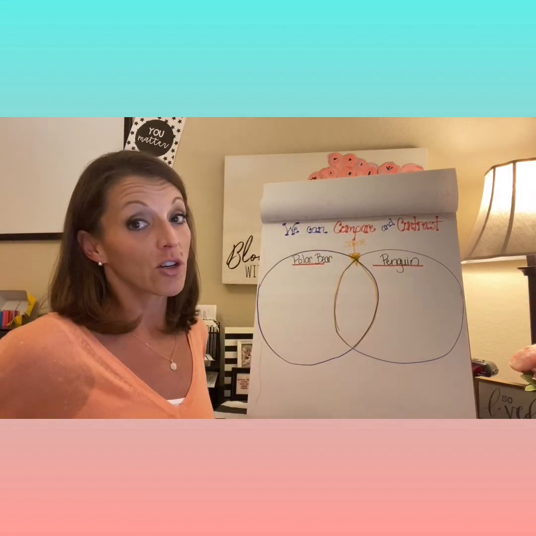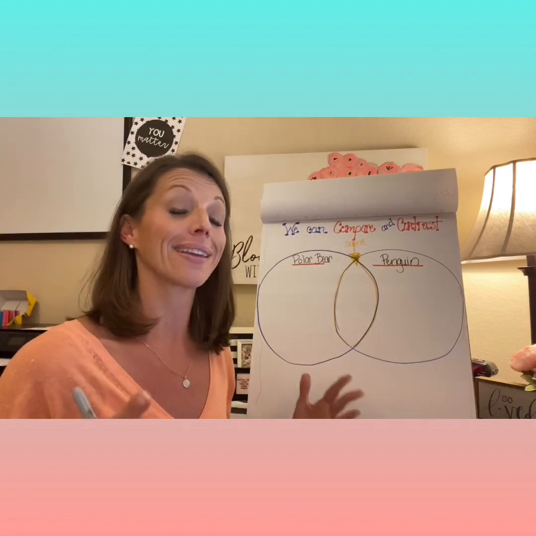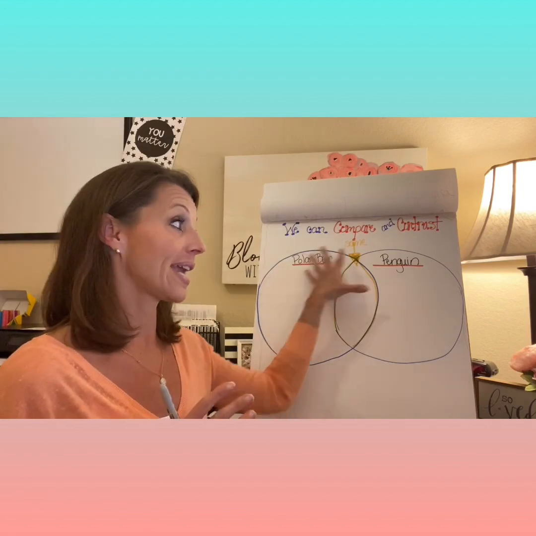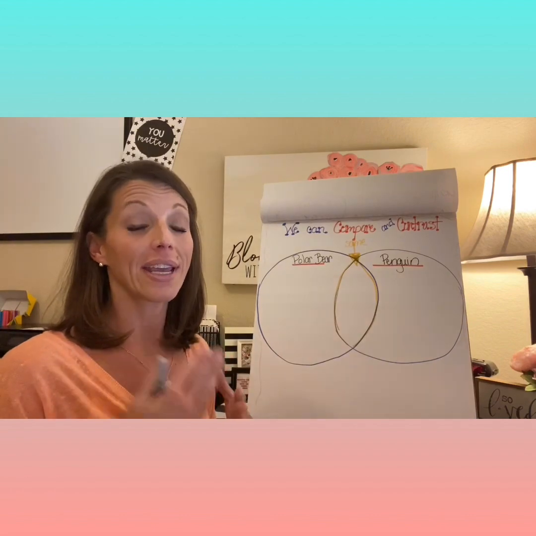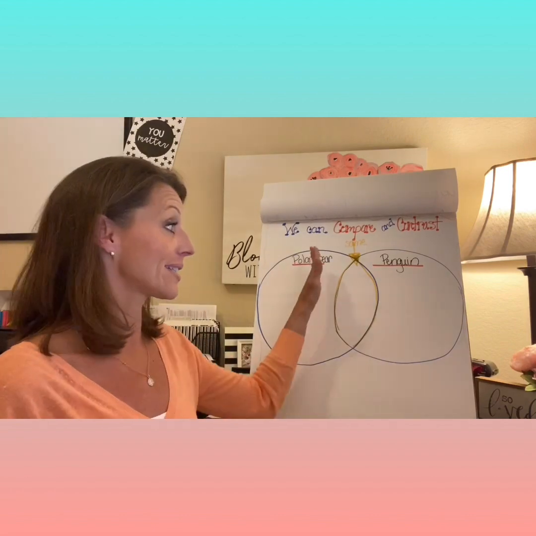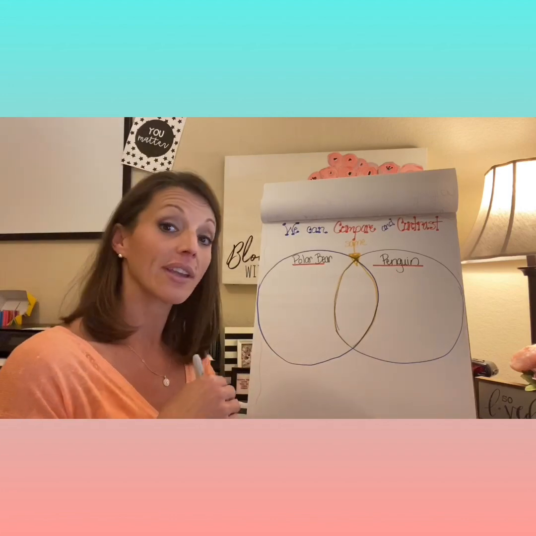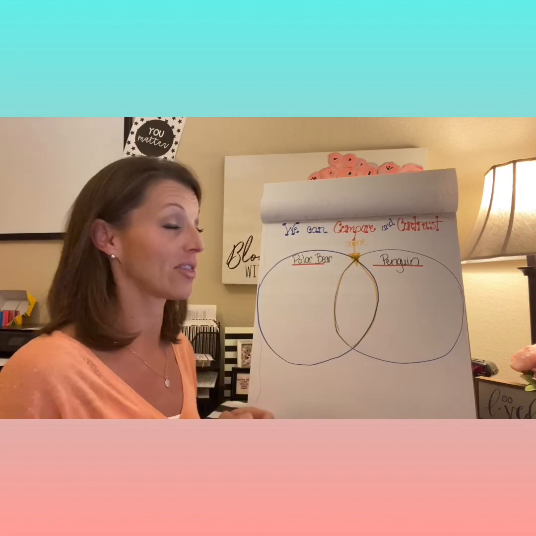Now, today when you're doing your Venn diagram, I want to make sure you remember that you're writing in complete sentences. So today isn't a brainstorming map. We're not just putting words. We're writing in three complete sentences in each section. The template that I gave you on Seesaw has lines, so that will help you to stay on those lines.